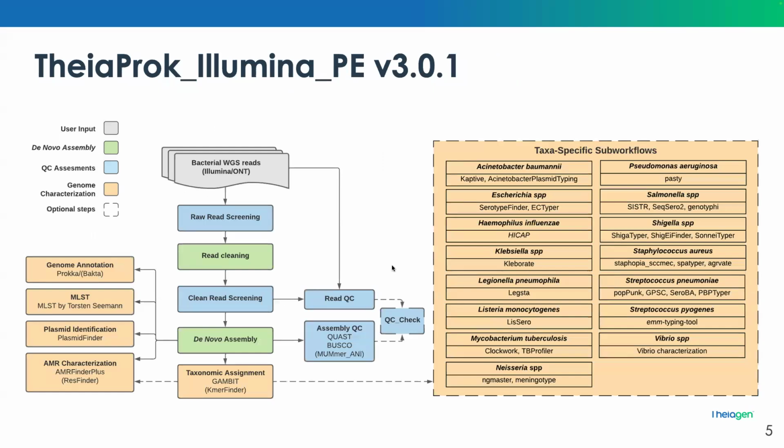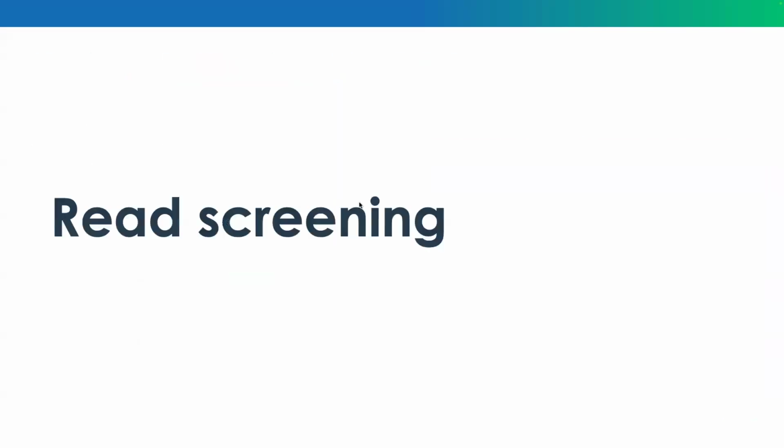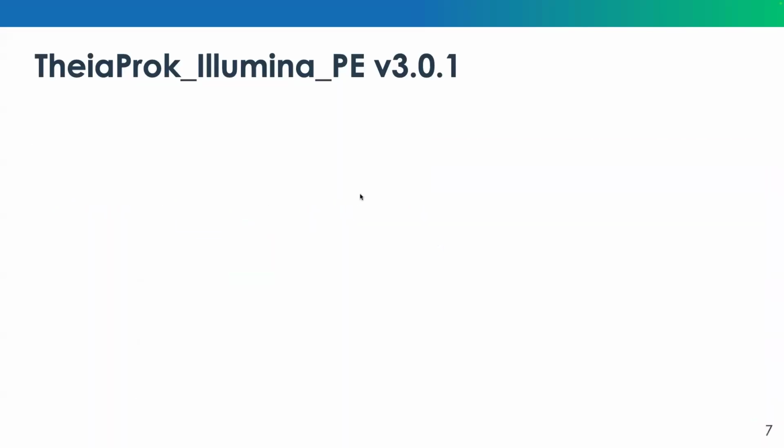So this is a shortened summary of the TheiaProk workflow, with the different components of the workflow here. We'll go through the different steps, and we'll get to understand what each step does. First off, we start with what we call read screening.